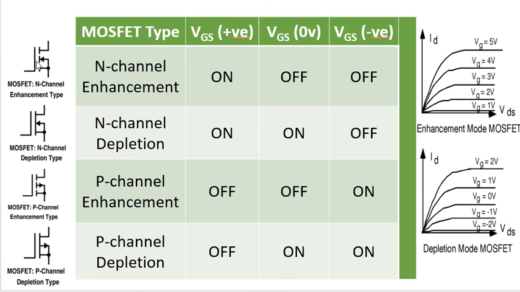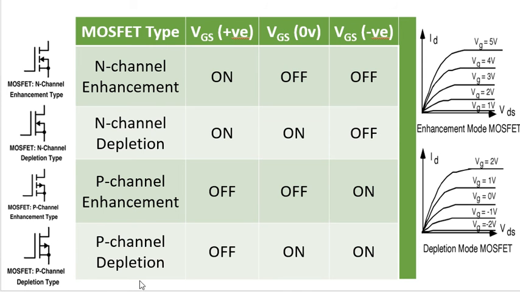So to keep it on, you have to provide a positive gate to source voltage, then only it will be on. Otherwise, in both the cases, when VGS is 0 or VGS is negative, it is off. Now take another example from the depletion kind of MOSFET. So let us take this example.